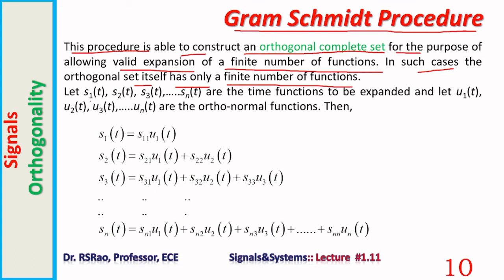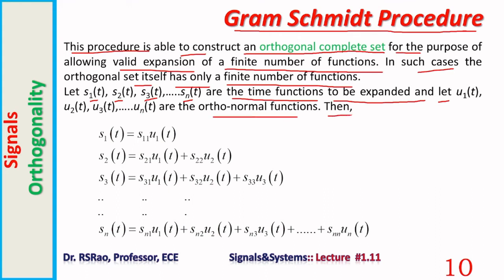Let S1, S2, S3, Sn, all are functions of t, are the time functions to be expanded, and let u1, u2, u3, un, all are functions of t, time, are orthonormal functions.